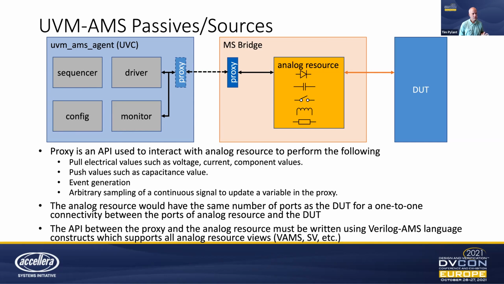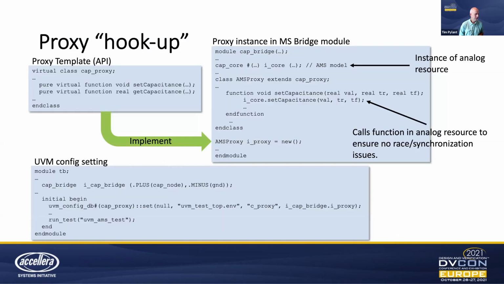And all the signals go through the analog resource. Even the discrete signals would go through the analog resource and connect up to the DUT. So the analog resource is kind of a one-to-one mapping of signals between the MS bridge and the DUT. So here's an example of a proxy.